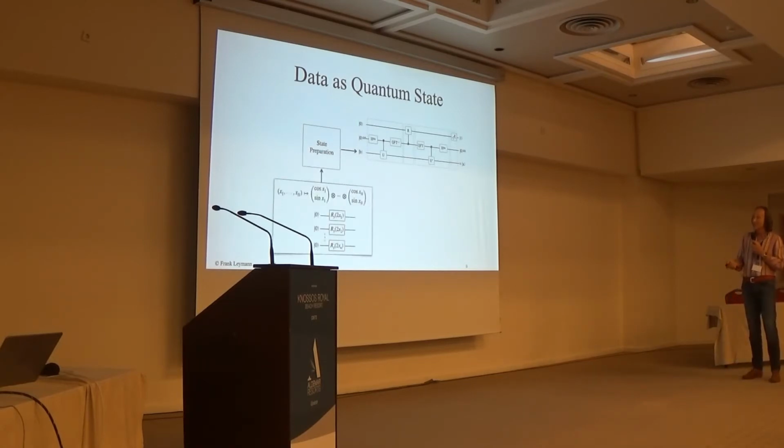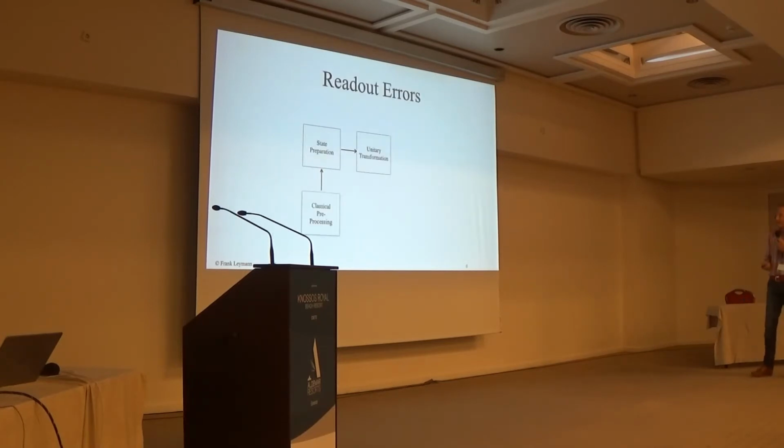One of the mechanisms for pumping data into it is this kind of circuit. You need to generate it based on the vector. The circuit is then prepended to the proper algorithm, and then the algorithm can run. But you need this classical pre-processing step.